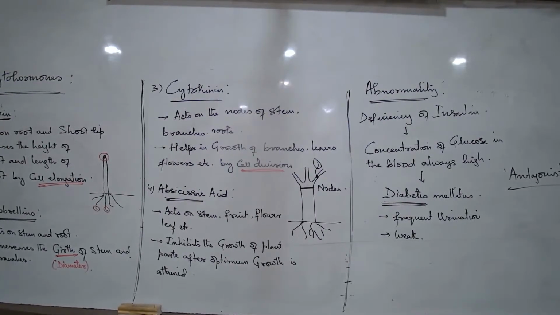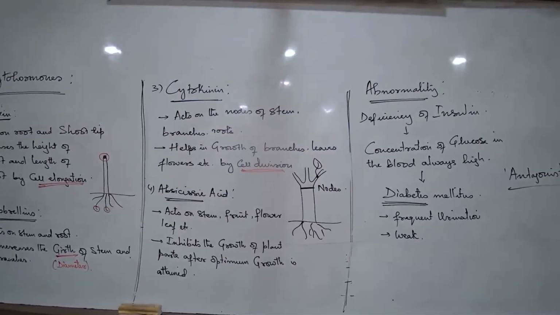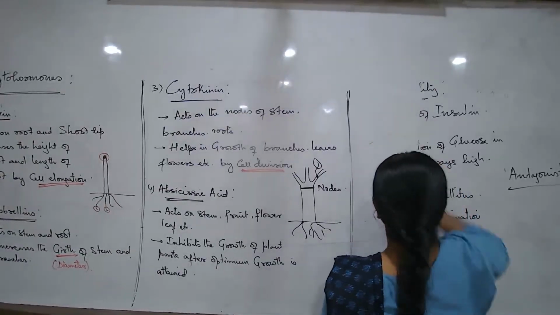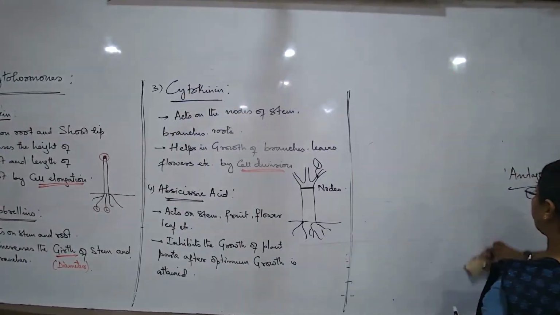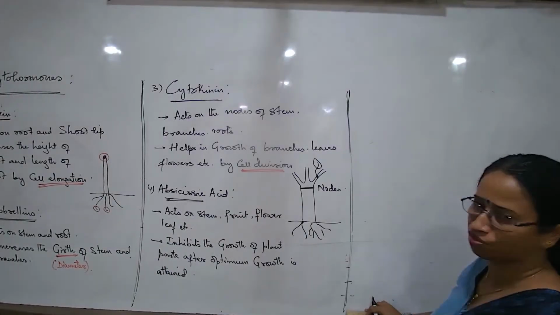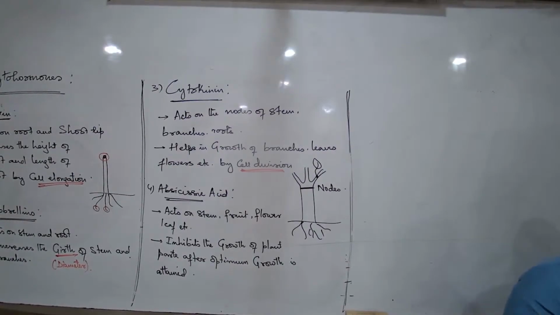But what about that small jasmine? Will it also keep on growing like the hibiscus? No. After a particular period of time, growth is over. So abscisic acid always inhibits the process of growth in every plant, fruit, flower, leaf, once the optimum growth is done for that species, for that plant.